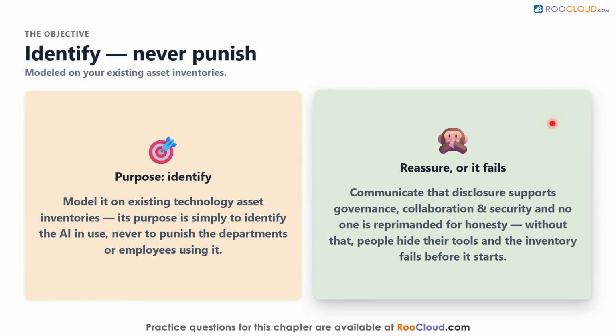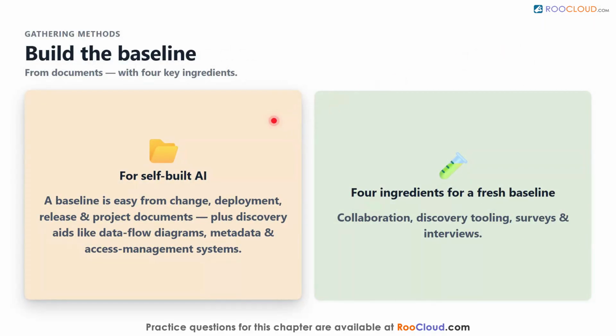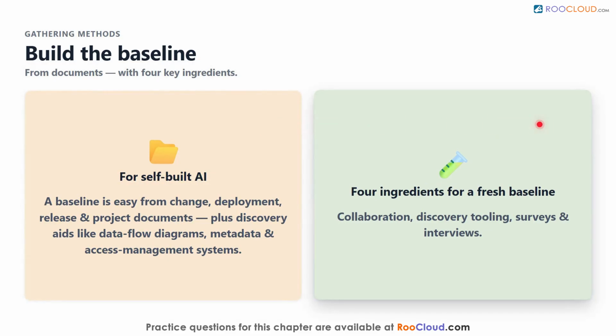Next come the gathering methods. For AI the organization built itself, a baseline is fairly easy to assemble by reviewing change, deployment, release, and project documents. Technology and security teams can also use discovery aids such as data flow diagrams, metadata, and the systems that manage user access. When building a fresh baseline, 4 ingredients are essential: collaboration, discovery tooling, surveys, and interviews.